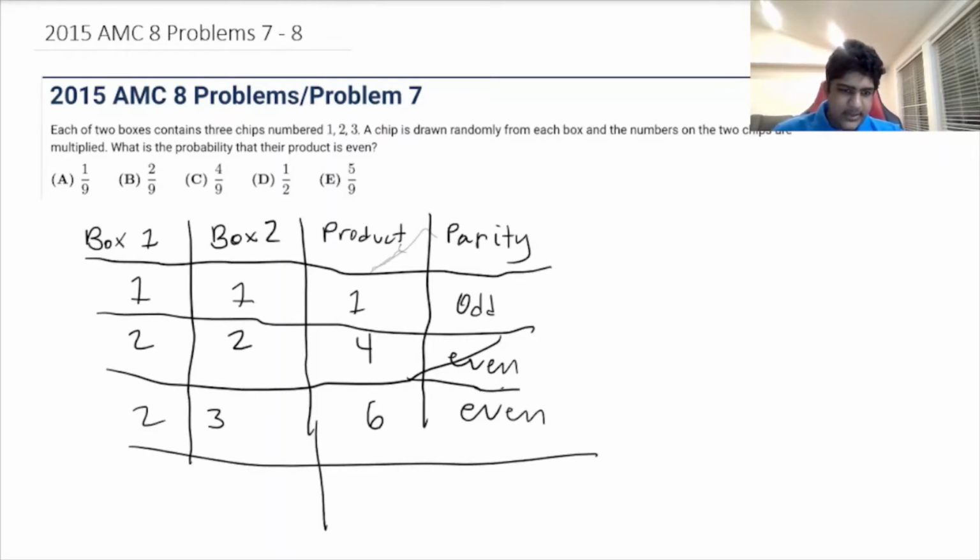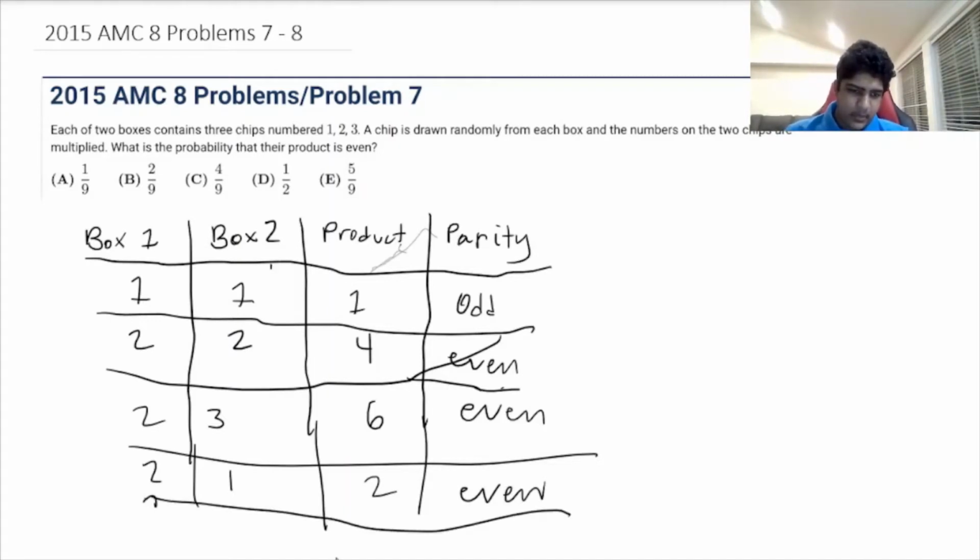Let's just try a few more. Let's extend these columns downwards. We have 2, 1. This is 2, which is also even. And similarly, if we have 1 and 3, this is a product of 3, which is odd.